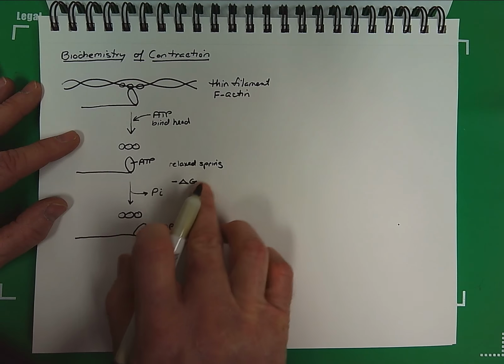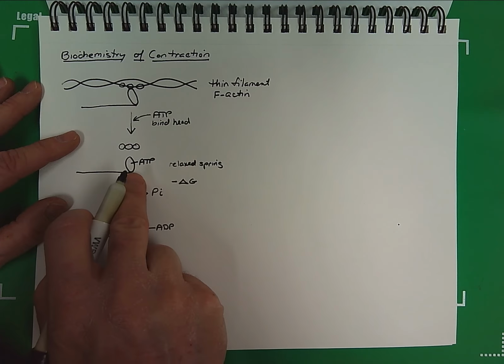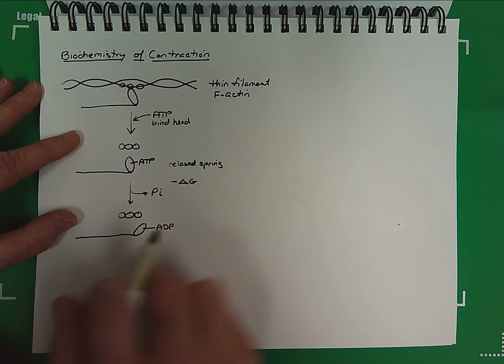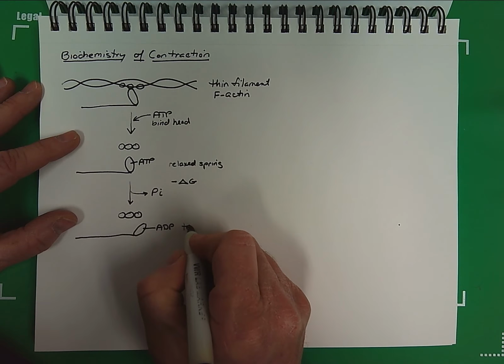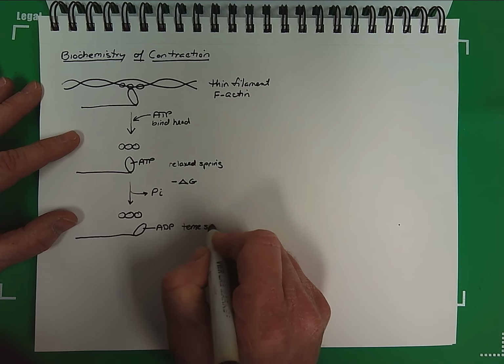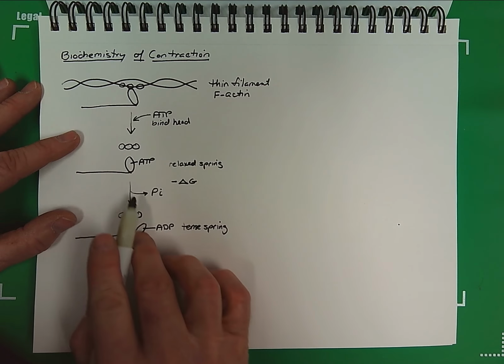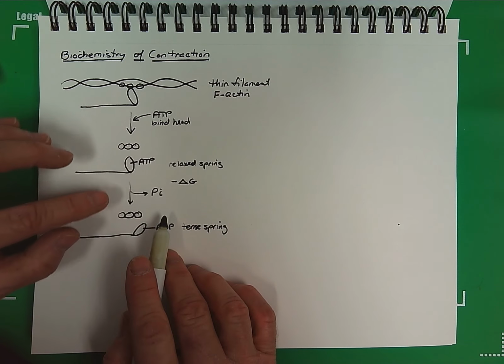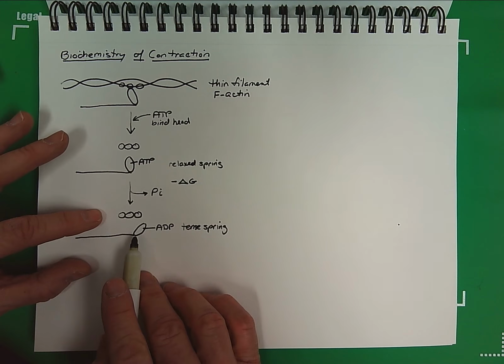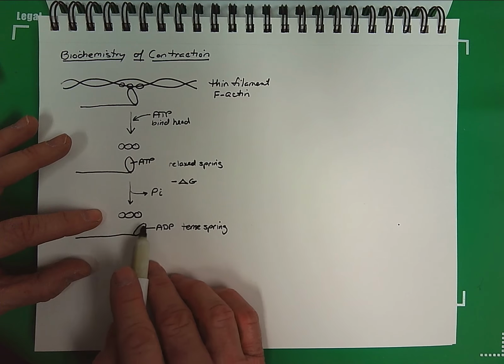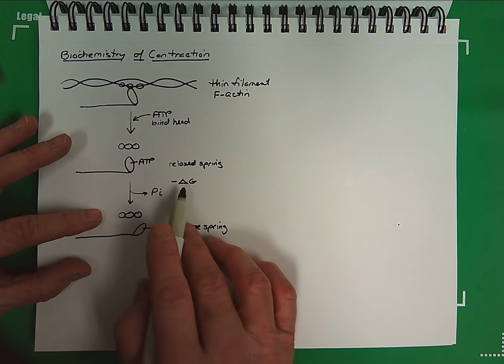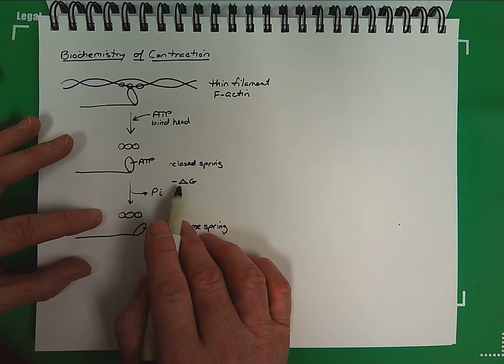With the transfer of this free energy from ATP into the myosin head group, picture this now as a tense spring. So we are transferring this free energy that we gain from ATP hydrolysis into potential energy by this conformational change. So this conformational change is holding the energy of this release from ATP hydrolysis.